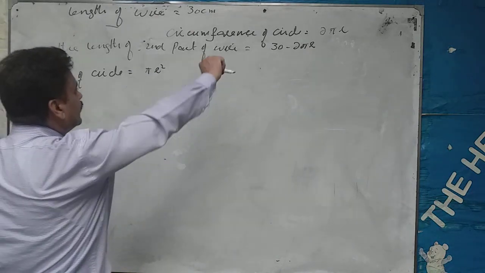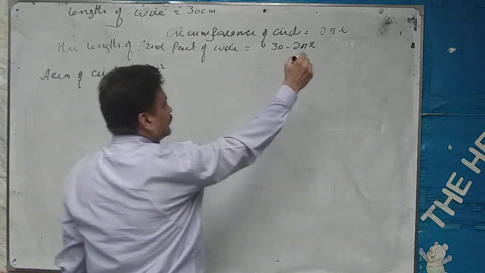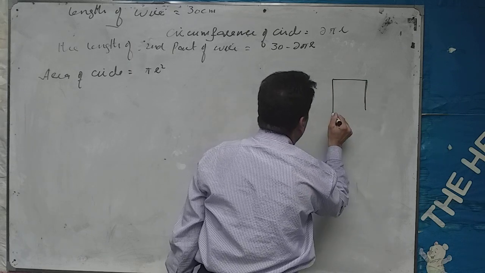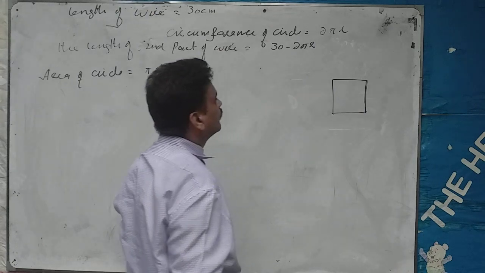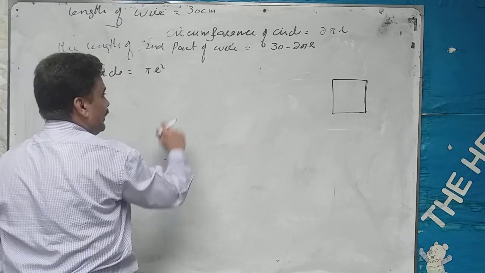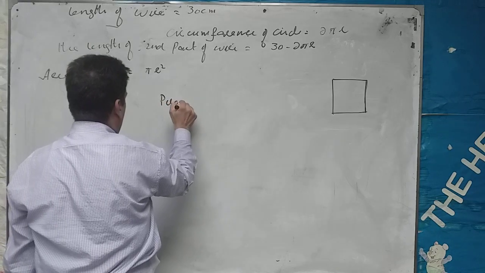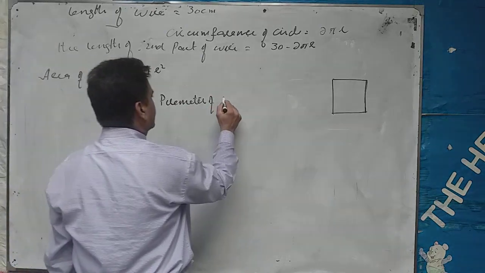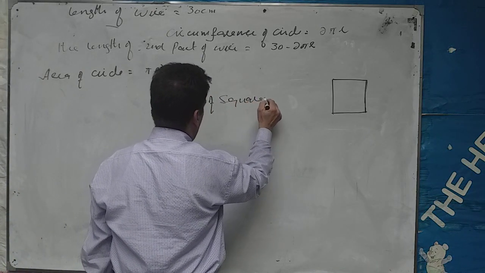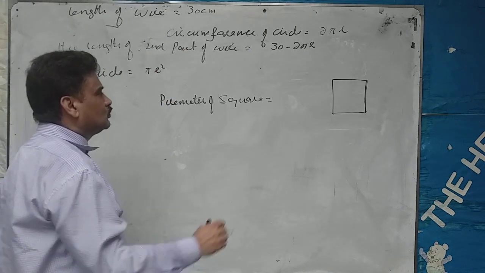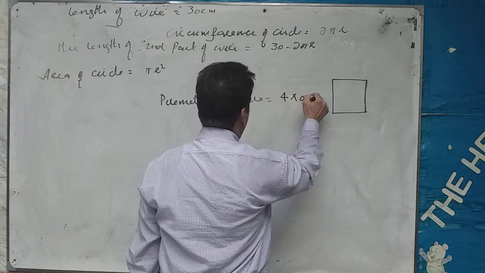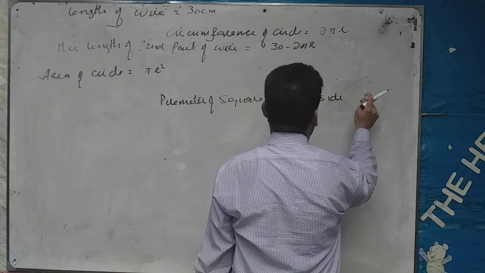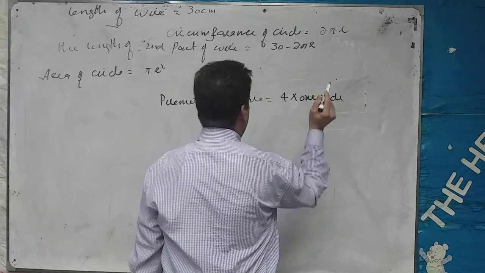When we make a square, the perimeter of the square is equal to 4 multiplied by one side.